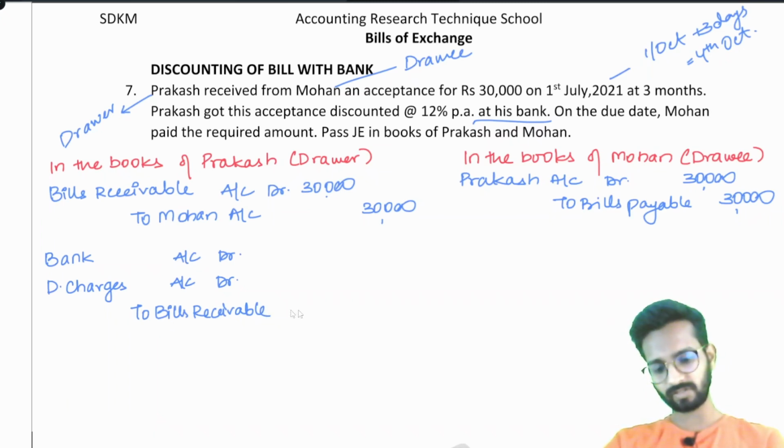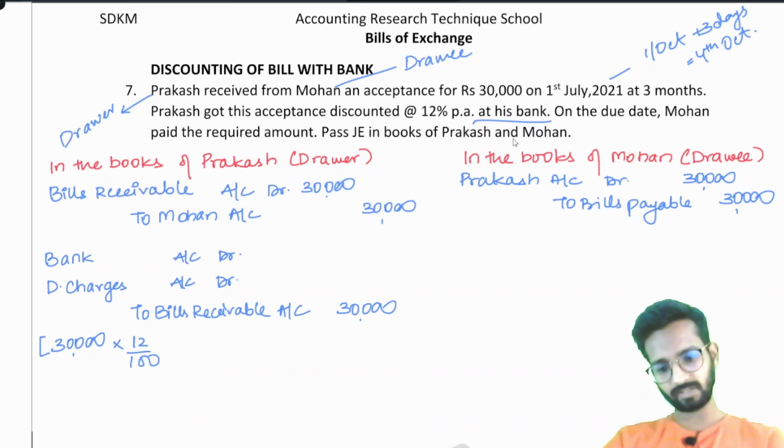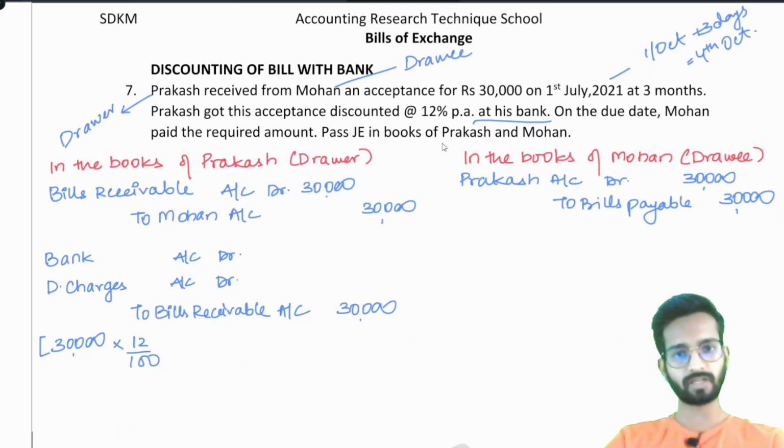How much were the bills receivable worth? 30,000. What will be the discounting charges? 30,000 multiply 12%. And it is not given when we discounted, so we will assume that on the first day itself he got it discounted.